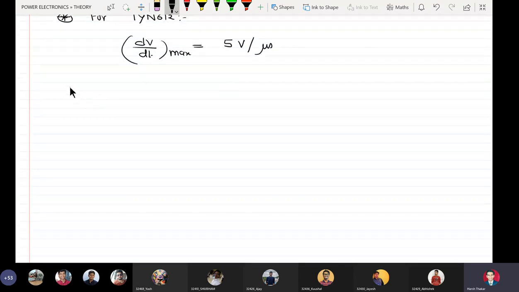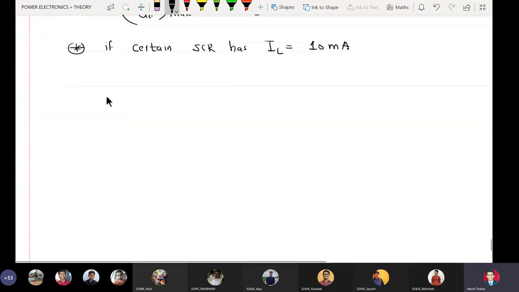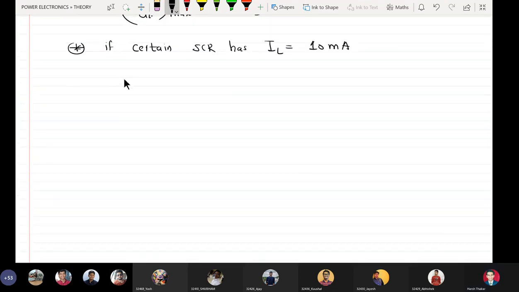What is the point? That means if a certain SCR has IL equal to say 10 milliamperes, then what is the value of CJ2?